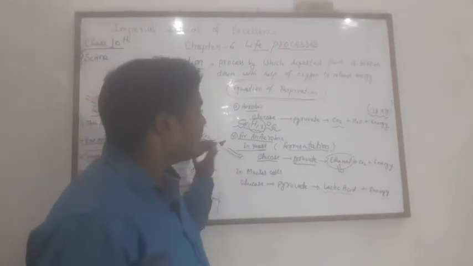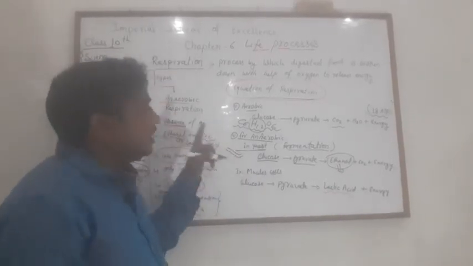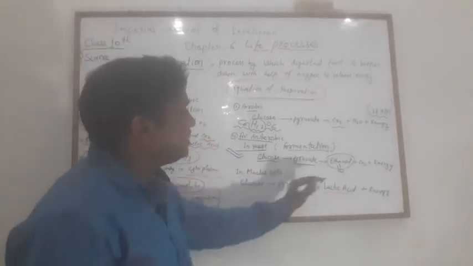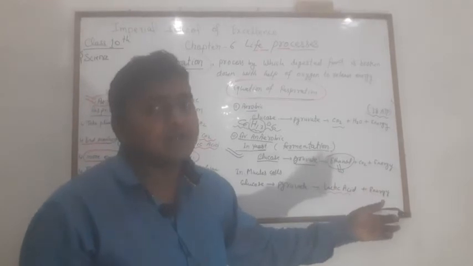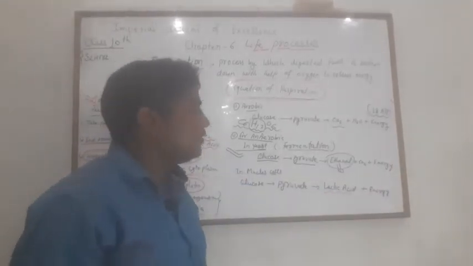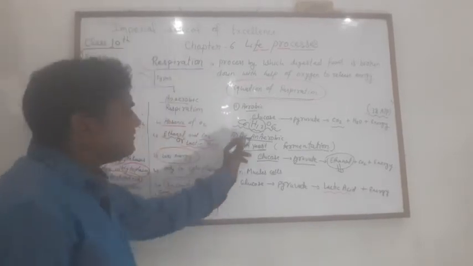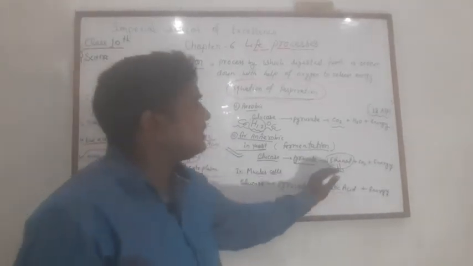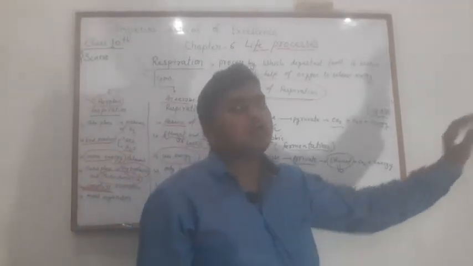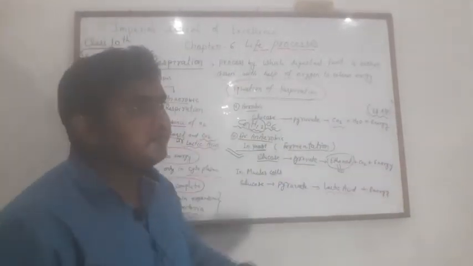This process is widely used in making alcohol and vinegar. If we leave this alcohol for some time, it will get converted into acetic acid, which is vinegar. There is no role of bacteria here, only this ethanol gets oxidized because of air.